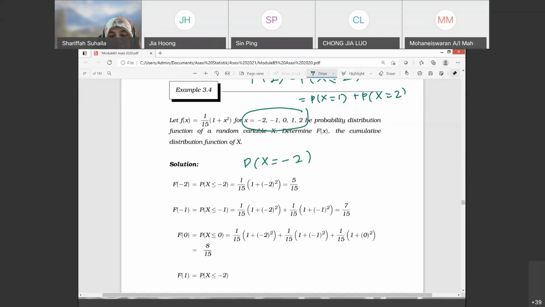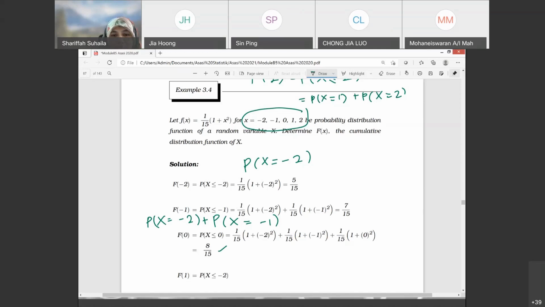Capital F of minus 1, probability X less than or equal to minus 1, means you need to add probability X equals minus 2 plus probability X equals minus 1. The same for capital F0: minus 2, minus 1, 0. Substitute the values, and you get 8 over 15.